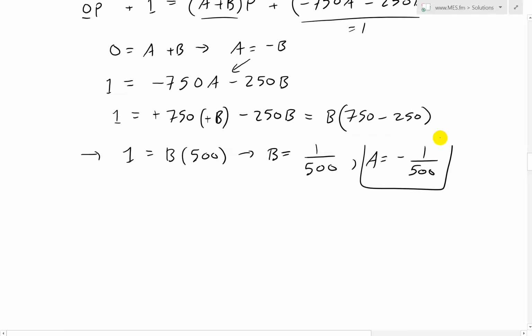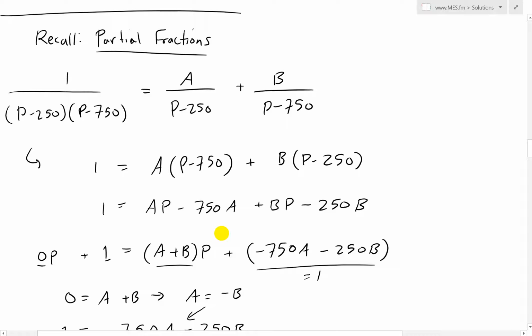So there are our constants. So what that means is this just equals 2 times negative 1 over 500 over p minus 250 plus positive 1 over 500 over p minus 750, like that.